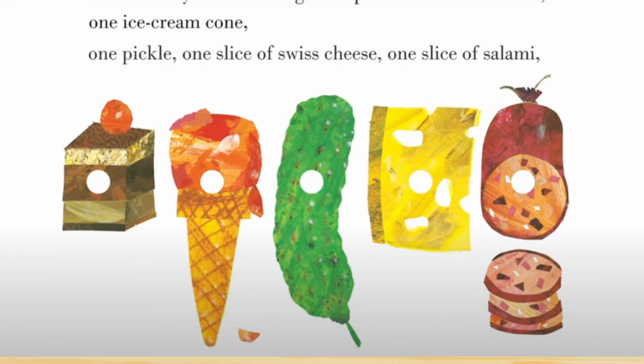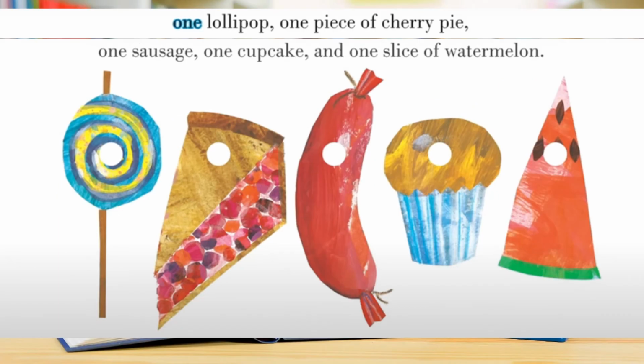On Saturday, he ate through 1 piece of chocolate cake, 1 ice cream cone, 1 pickle, 1 slice of Swiss cheese, 1 slice of salami, 1 lollipop, 1 piece of cherry pie, 1 sausage, 1 cupcake, and 1 slice of watermelon.